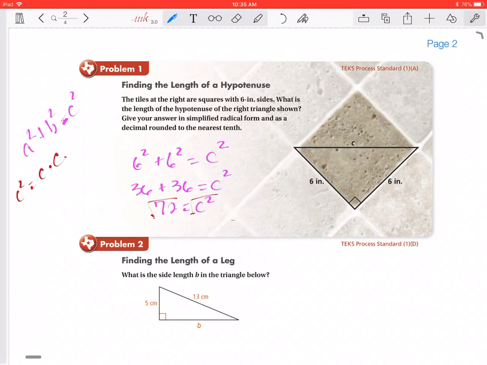Now again, here's a couple comments that I want to make. When I take the square root of a value, I have both a plus and a minus. So in reality, the square root of 72 is going to be plus or minus the square root of 72. That's just the rule of taking the square root of a number.